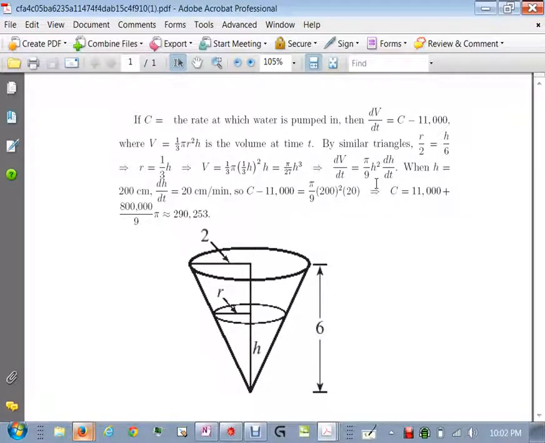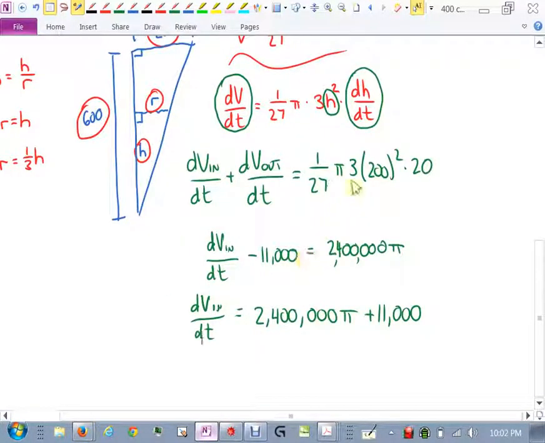Something is up with my calculation. They're calling it C, but this is my V in, V out, and then pi over 9, 200 squared times 20.